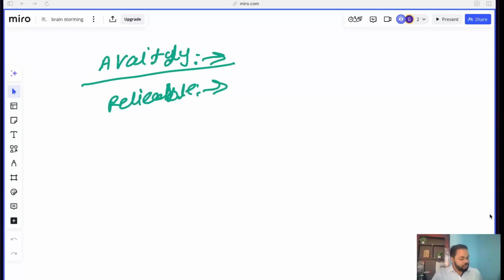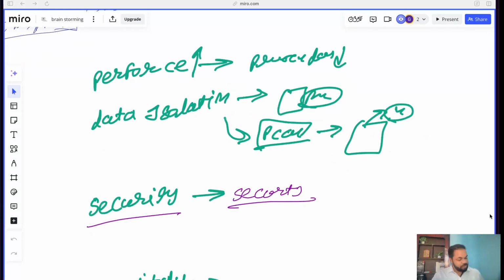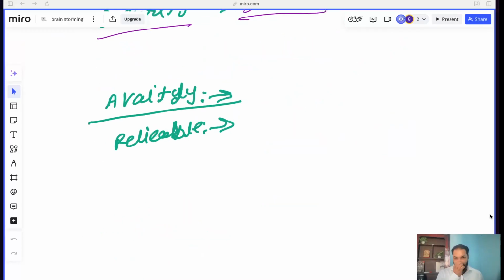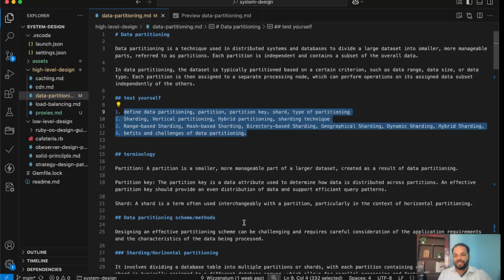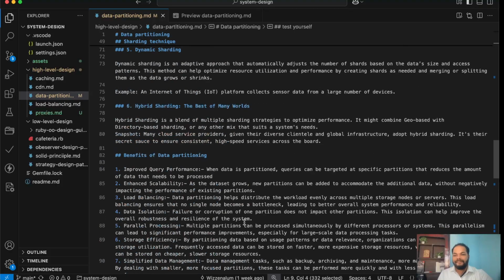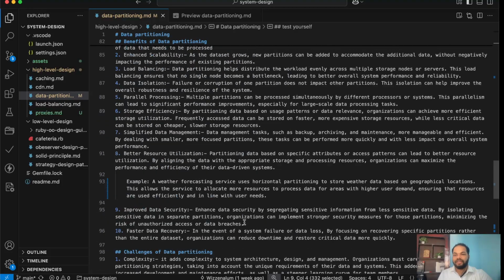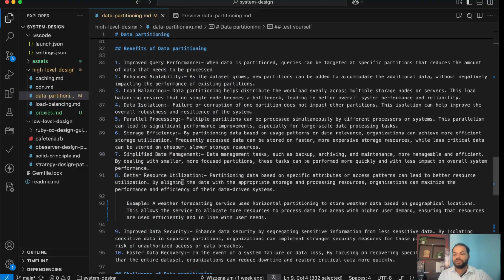And what are the things we have done? Performance, isolation, security, availability, reliability. Now I don't know what is remaining, so I'm looking at my notes. Here we have better resource utilization, simplified data management, storage efficiency, parallel processing.